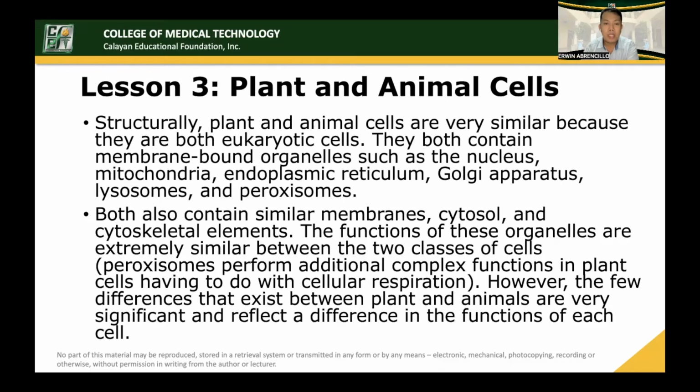They also both contain similar components like cytosol and cytoskeletal elements, and the functions of these organelles are extremely similar between the two classes of cells. However, there are also a few differences between plant and animal cells, and we are going to discuss that later on.